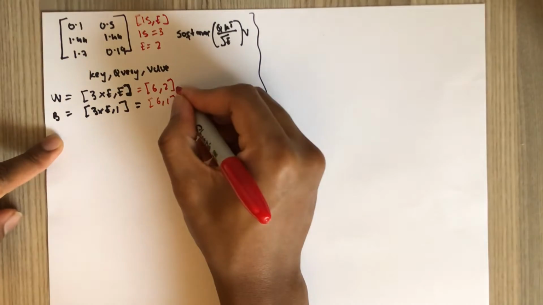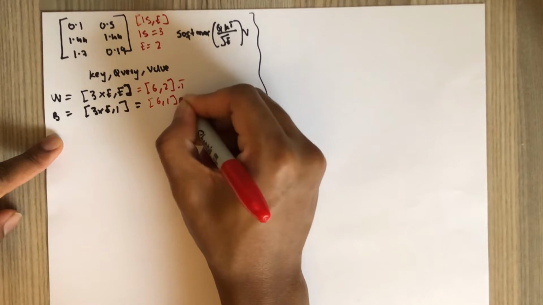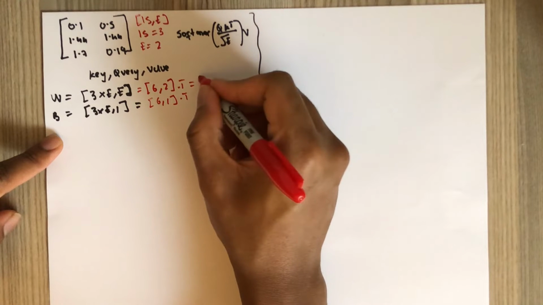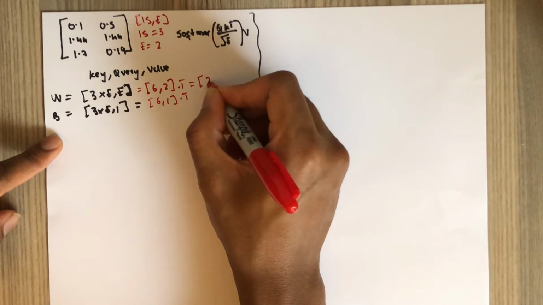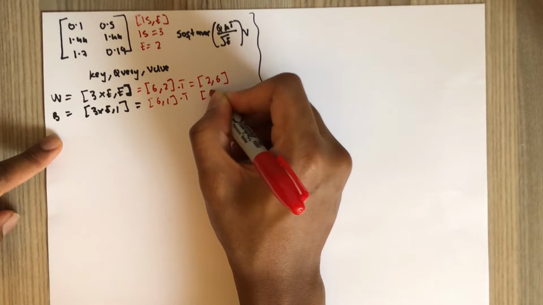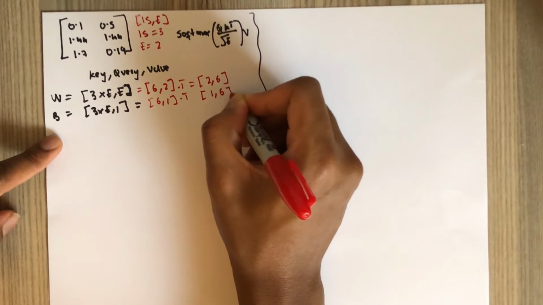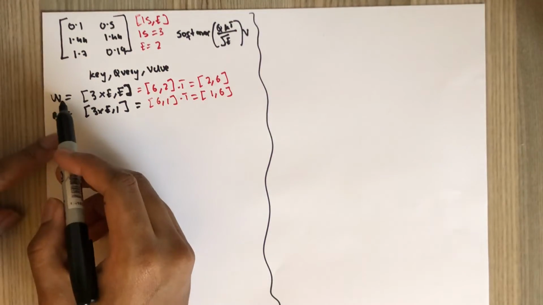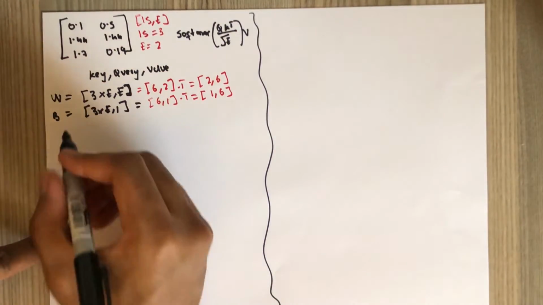Okay, so I'm going to take the transpose for convenience, and we will see why we take the transpose. When we take the transpose, it's going to become 2 by 6, and this becomes 1 by 6. Okay, so let's try to visualize what this W is.